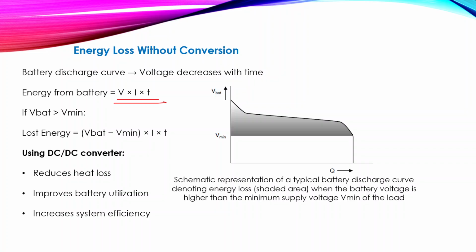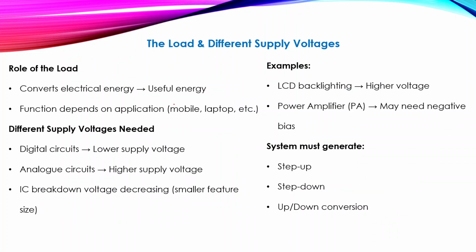But by using an efficient DC-DC converter, we reduce this loss and improve the overall system efficiency. Therefore, DC-DC converters are essential in portable systems, not only for voltage matching, but also for maximizing energy efficiency. Fine. Now we move to the load.